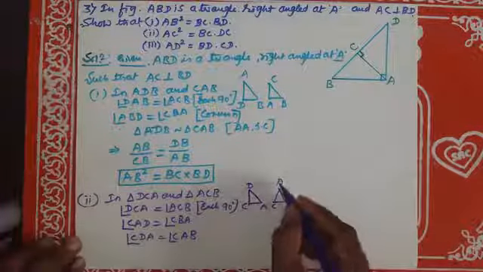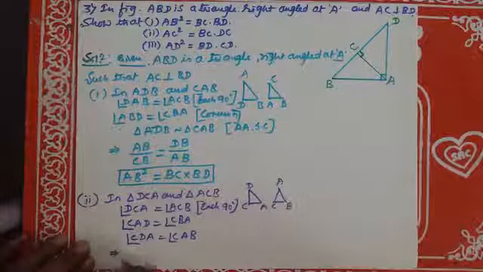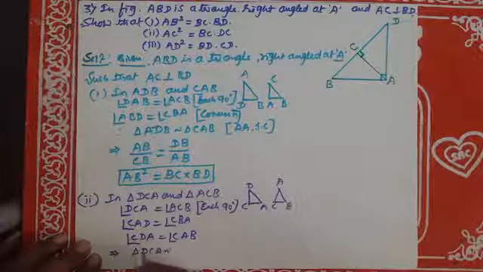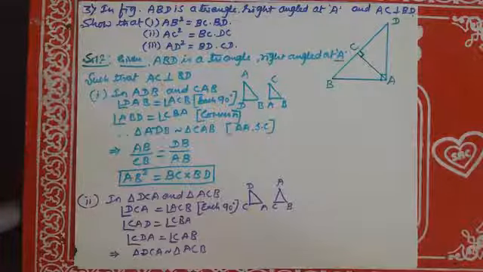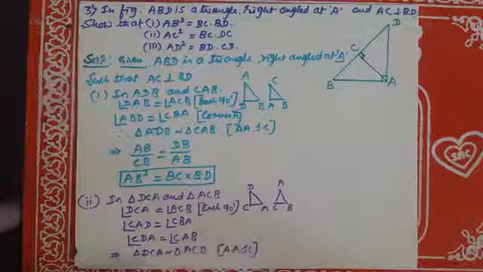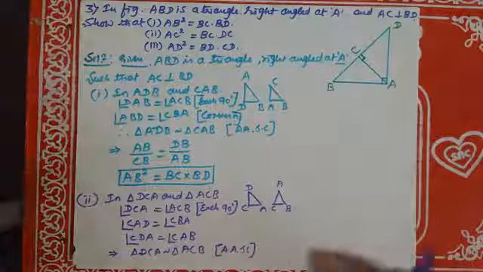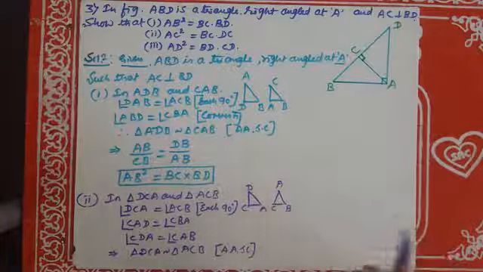Therefore, triangle DCA is similar to triangle ACB. This is by the angle similarity criterion. Dear students, we know that corresponding sides of similar triangles are in proportion.